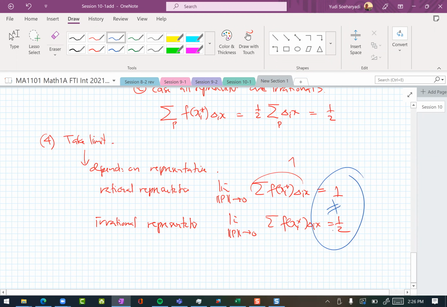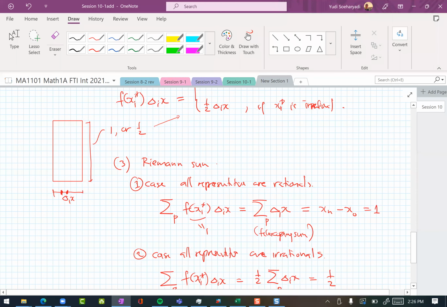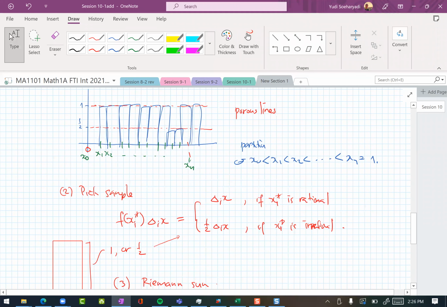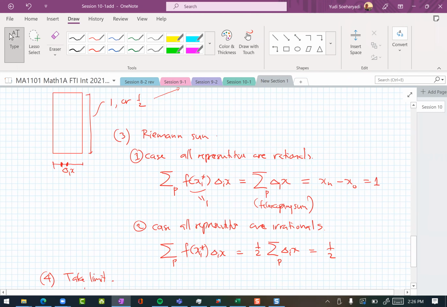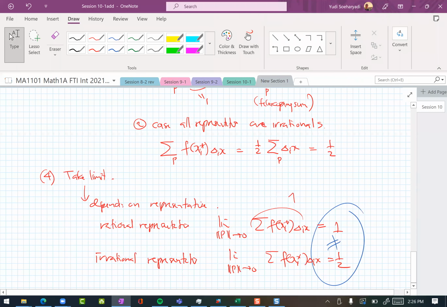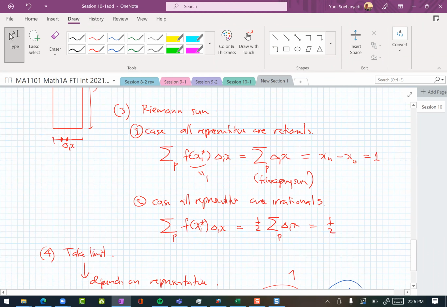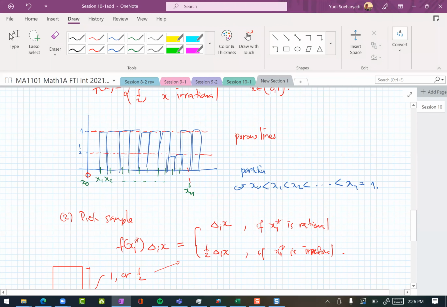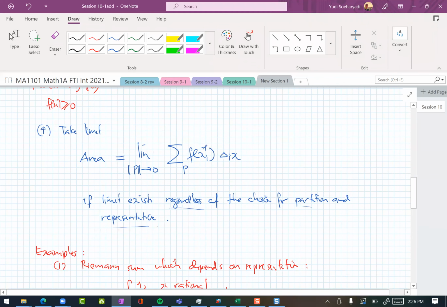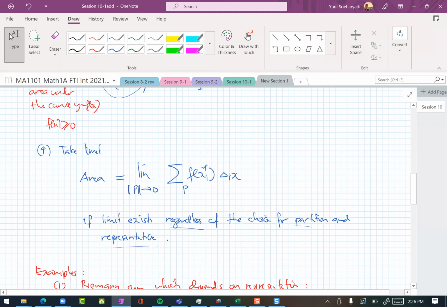So this is an example where you don't have a limit. So the limit depends on the representative. Okay, so this is the case. Questions?